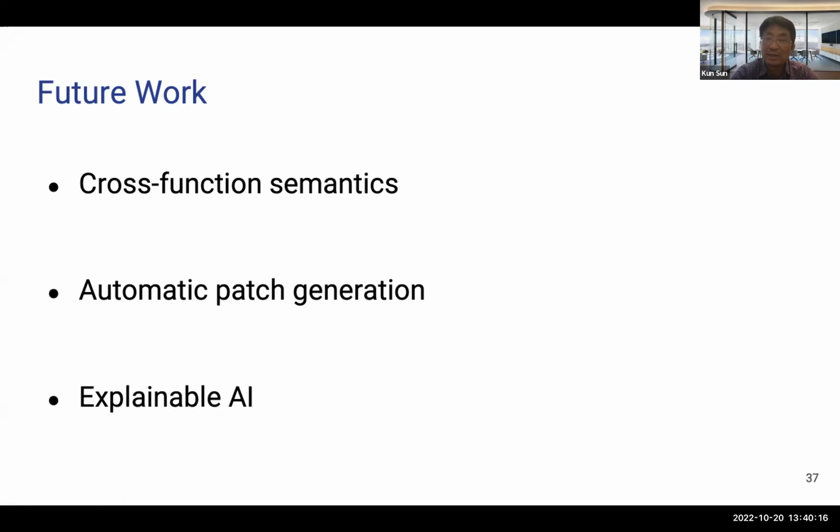This is related to explainable AI. We have done some preliminary analysis, but we will look into it more, to see why our deep learning or graph neural network based solution can find more security patches or vulnerabilities than the previous pattern-based or signature-based detection models.